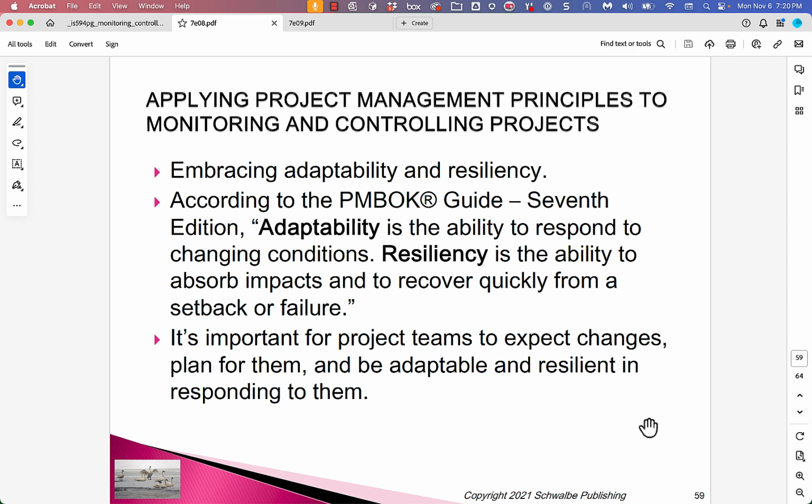So the PMBOK Guide, the most recent one, the 7th edition, says that two things that are important in monitoring and controlling projects are adaptability and resiliency. And I think that that's a good thing to emphasize.